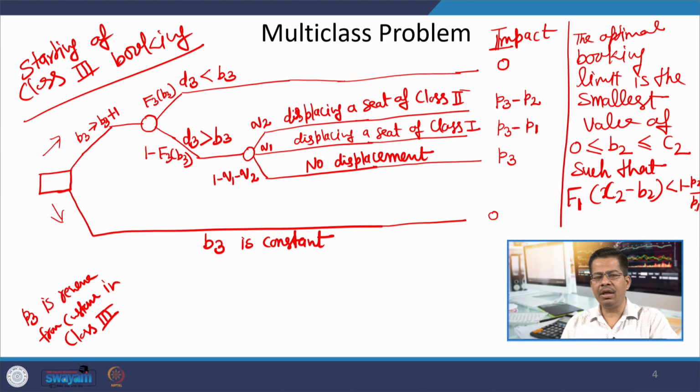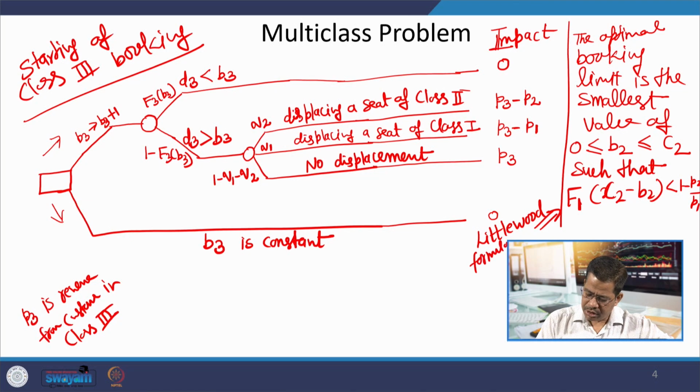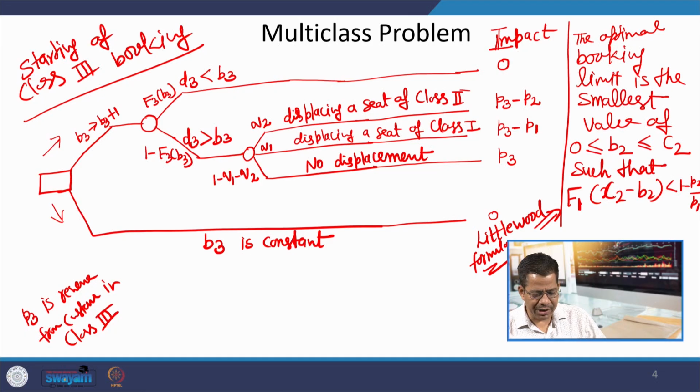So, this is the knowledge which we are taking with the help of Littlewood formula, and this formula can be applied to all the multi-class problems, but it will take a lot of computational effort.